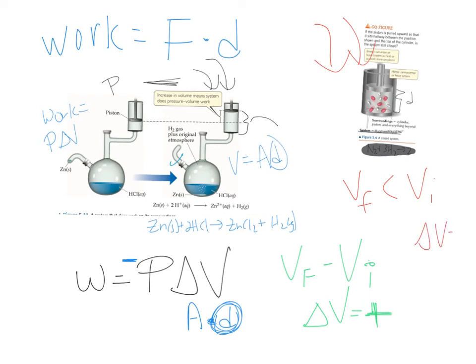In that case, delta V would be negative. It would get substituted in here. It would be a negative number, and a negative of a negative would be positive. So if work is done on the system, the sign should be positive. And you'll see that at the top of page 6, and if that seems a little confusing, I understand. But you'll just have to get used to working with it.